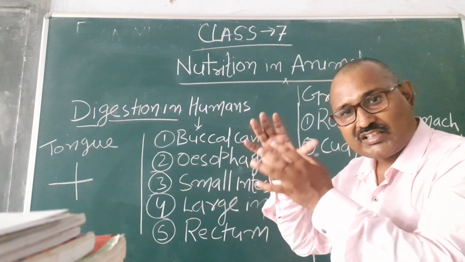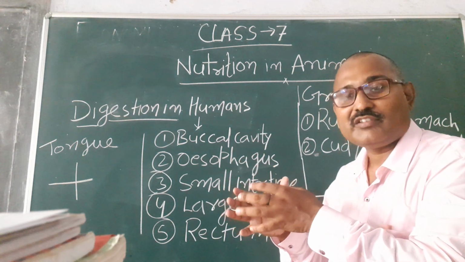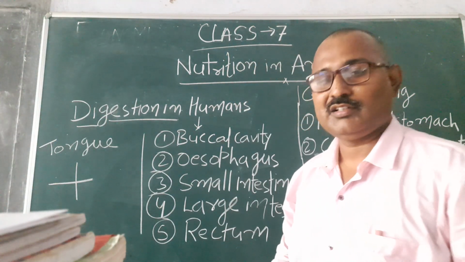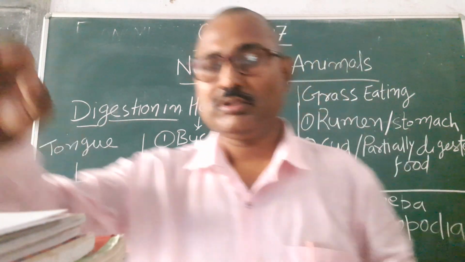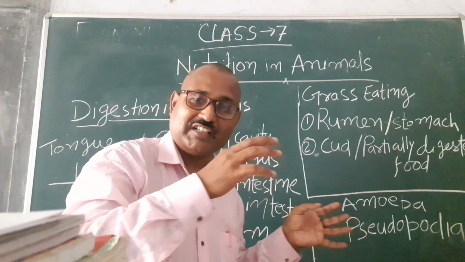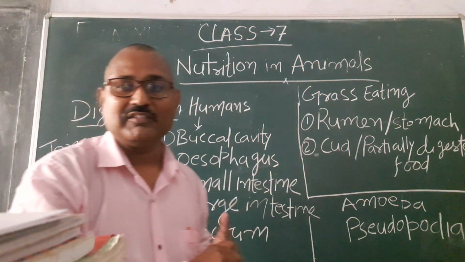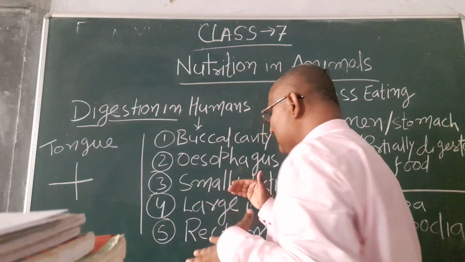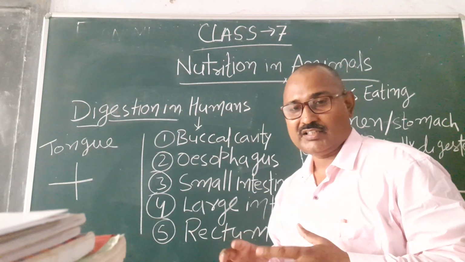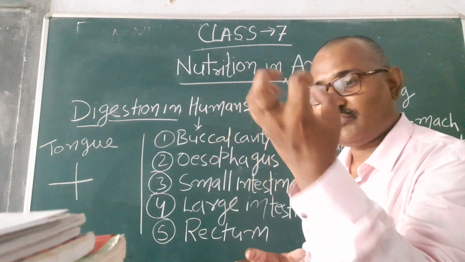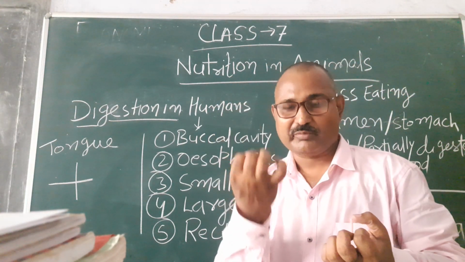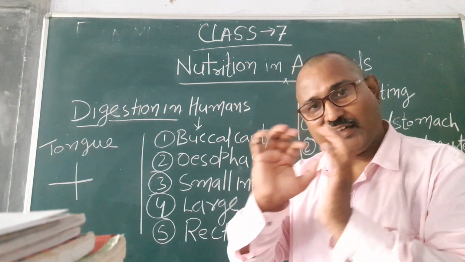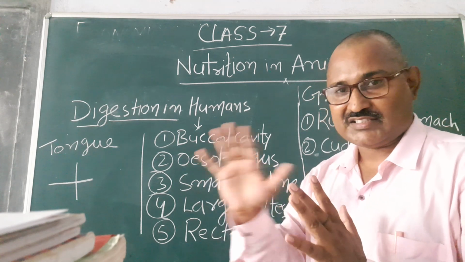Bile juice, which is kept in the gallbladder, right? Then it comes to the small intestine, where the finger-like projections, villi, are present, which absorb all the liquid nutrition, and it is sent to the cells, right?